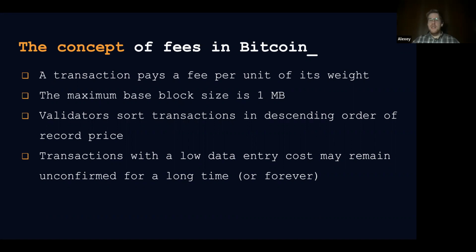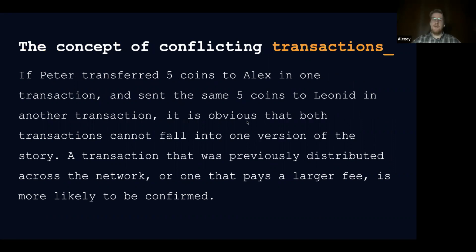Transactions with a low data entry cost may remain unconfirmed for a long time or forever. So if you are trying to cheat and save some satoshis on the fee prices, it may happen that your transaction will never even be picked up by the node and validated.